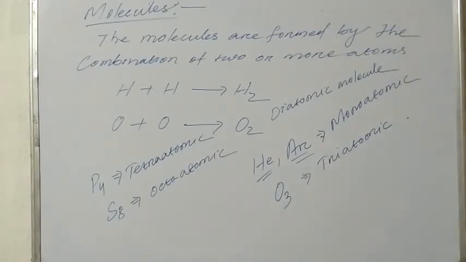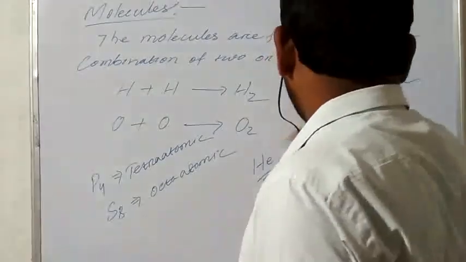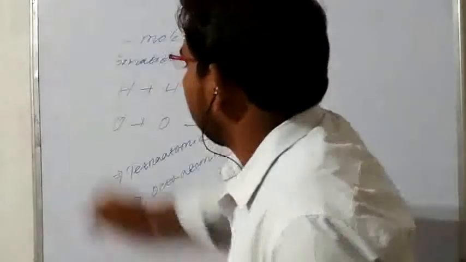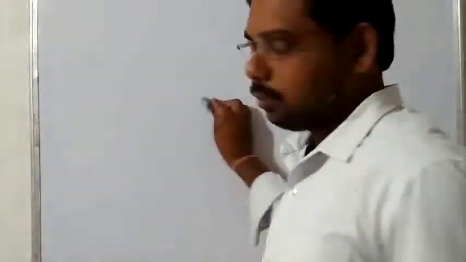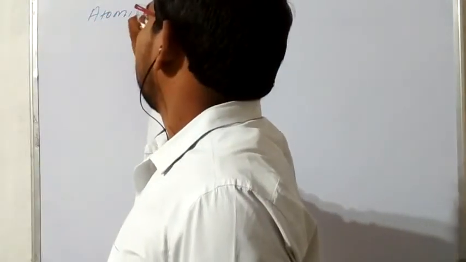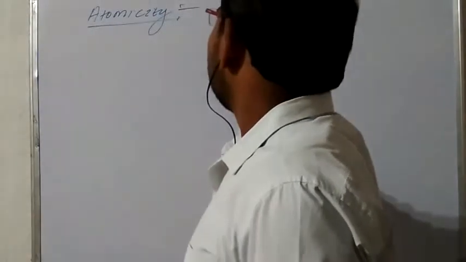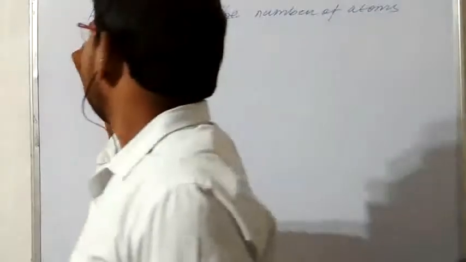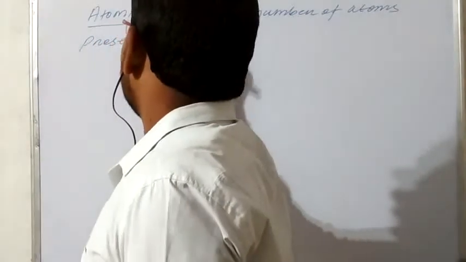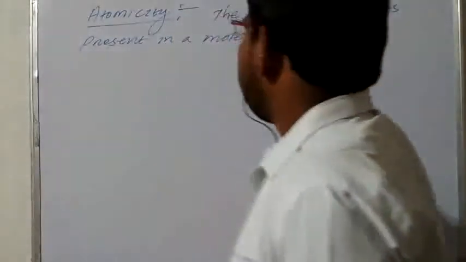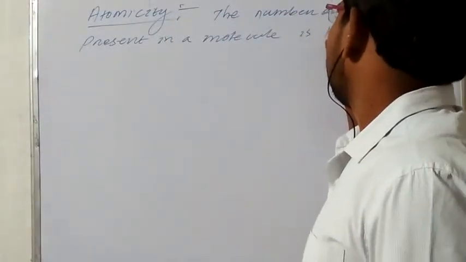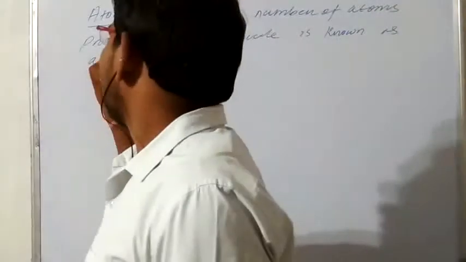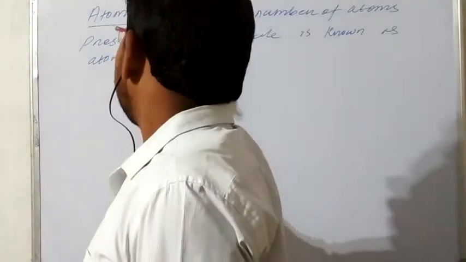Okay, and this is called atomicity. Okay, atomicity, the number of atoms present in the molecule is known as atomicity.